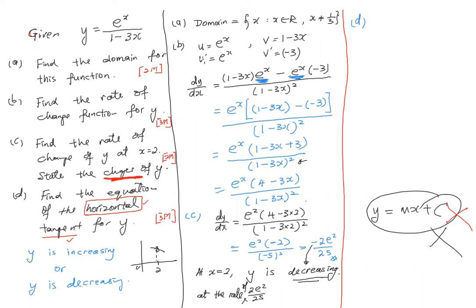So if the gradient of the tangent is 0, then if I have dy dx, I will be able to find the x. Am I right? Hello? So first, you have to know this word horizontal tells you dy dx equals 0.